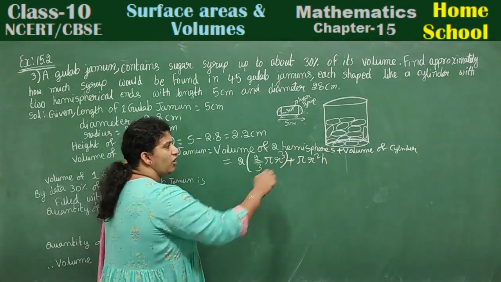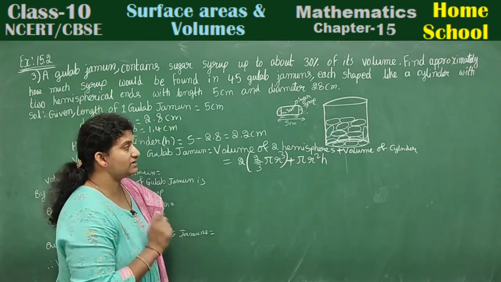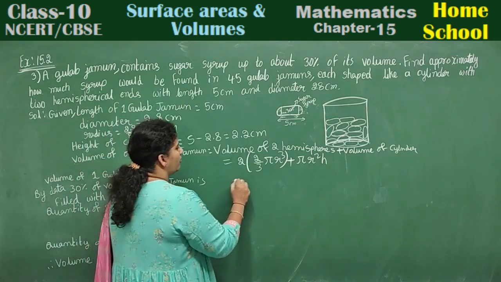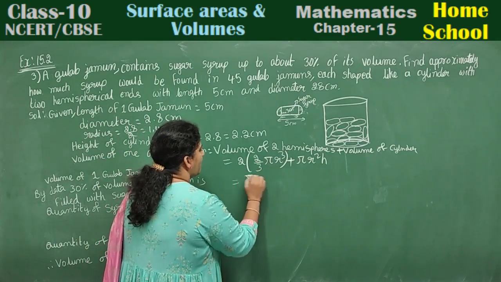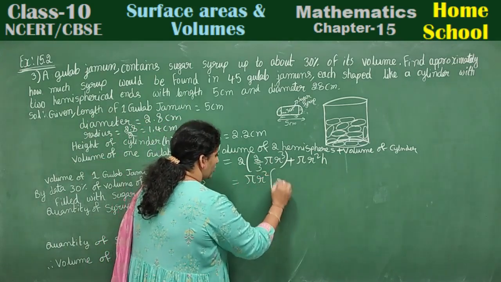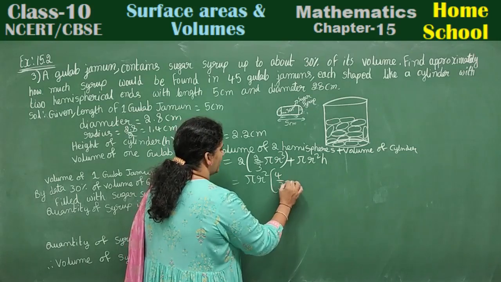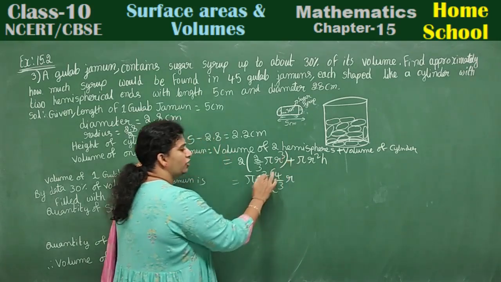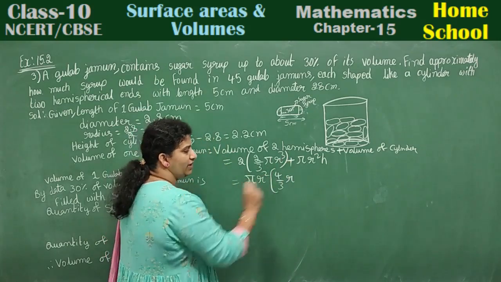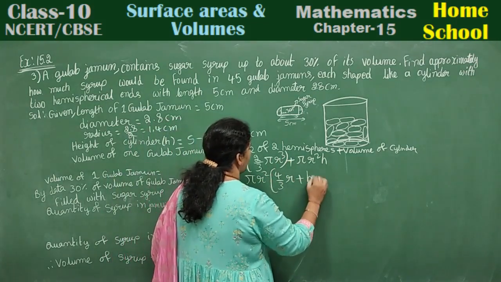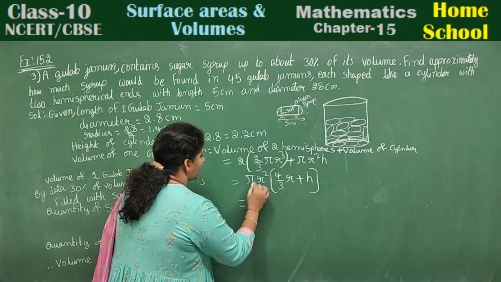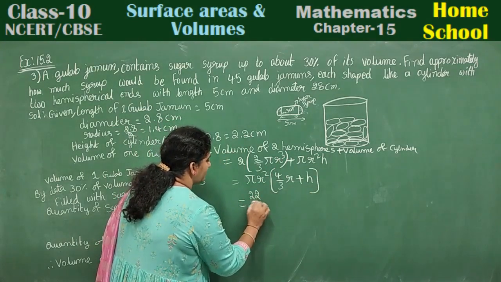Is there anything common here? Yes, pi r square is common. Take out common. 2 2s are 4 by 3. Inside, pi r square if you take out common, 4 by 3 r, r cube if you remove 2 r's, 1 r will be left inside, plus pi r square is removed here, h is left.